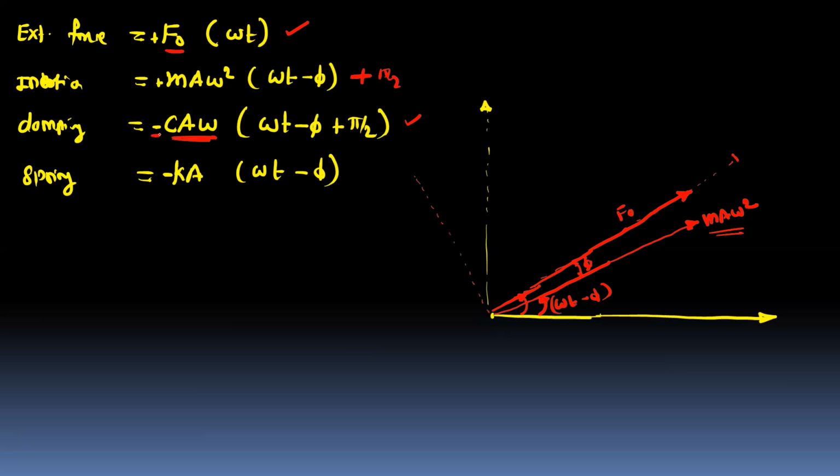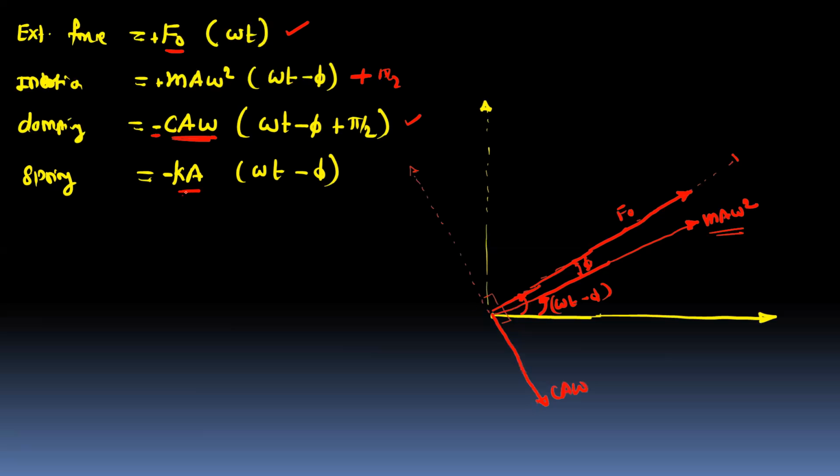If it is positive, we should take the vector in this direction, but as this is negative, just change the direction by 180 degrees. So this is the direction of C a omega, the damping force. The angle is pi by 2, but on the negative side.